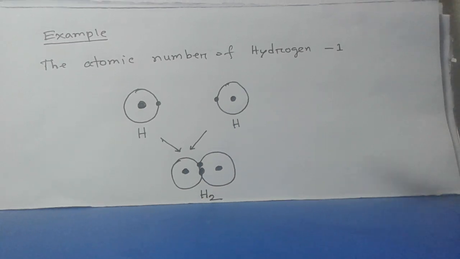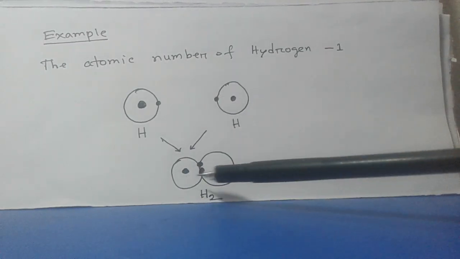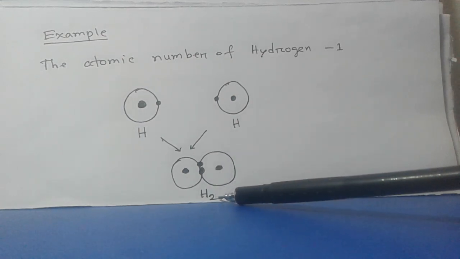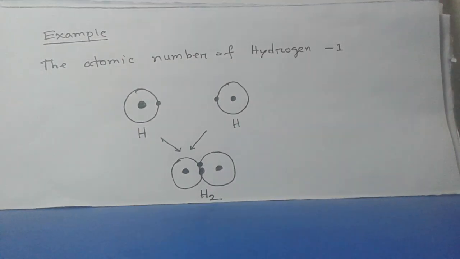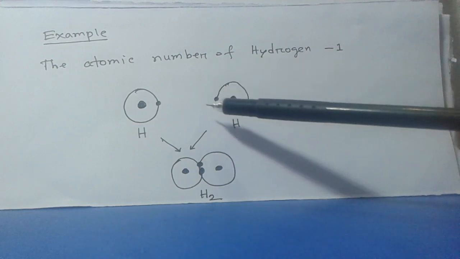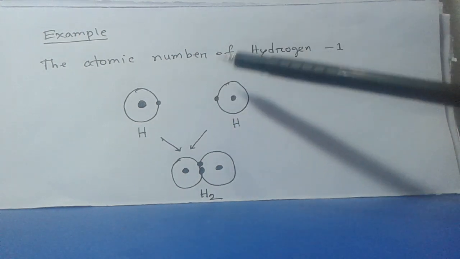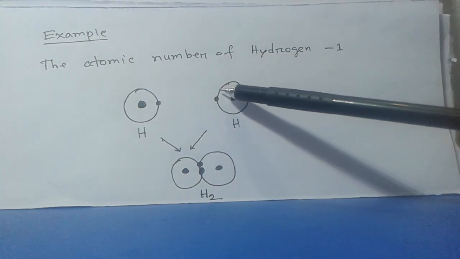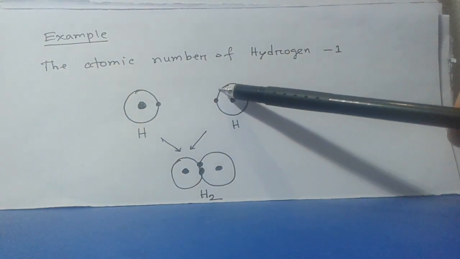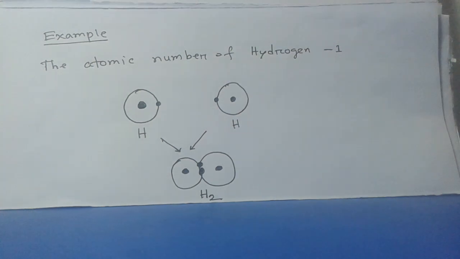That's why 2 hydrogen atoms combine with each other and share their electrons in the middle to form H2. So you should understand why the valency of hydrogen is 1, because it has only 1 vacant place to take electrons.